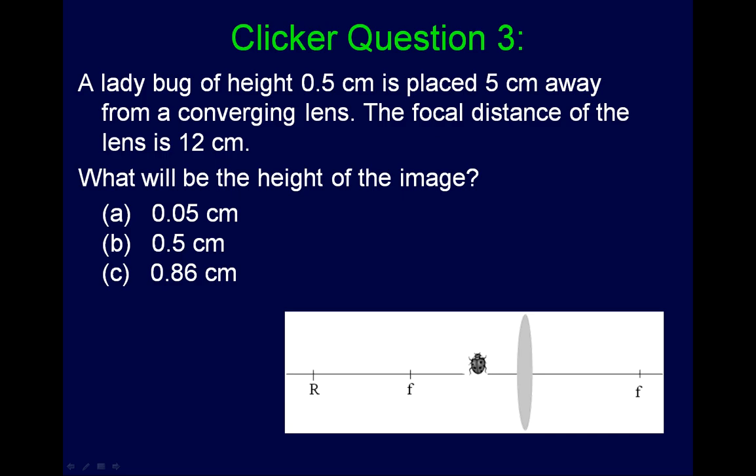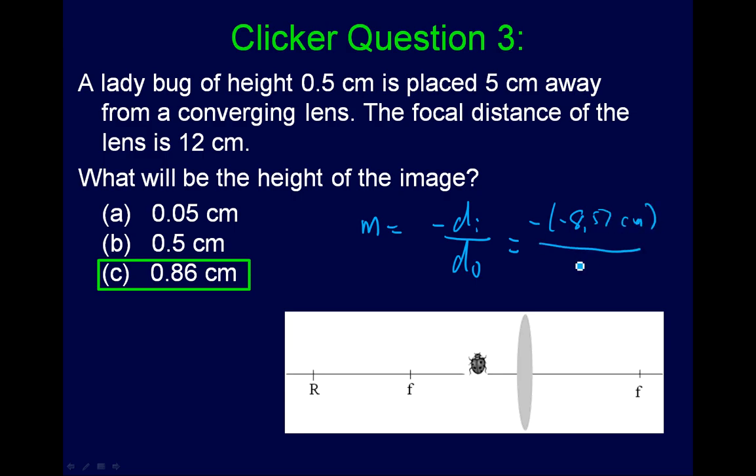All right, so hopefully you got the same thing I got, which was C. Let's go through and work on this. We can get the magnification because we know it's negative DI over DO. The DI in this case is negative 8.57 centimeters, divided by the DO, which is 5 centimeters. The negatives cancel, and I got positive 1.71.